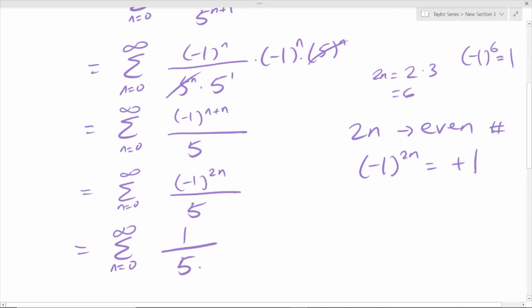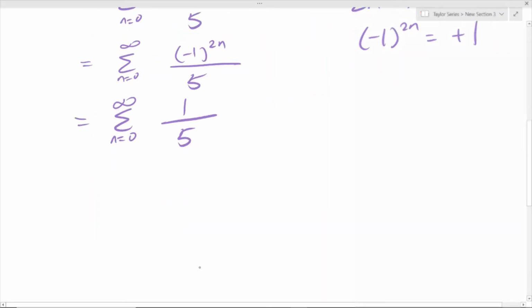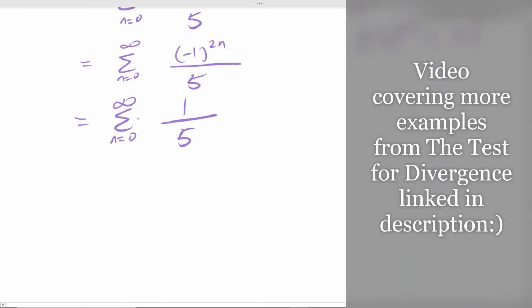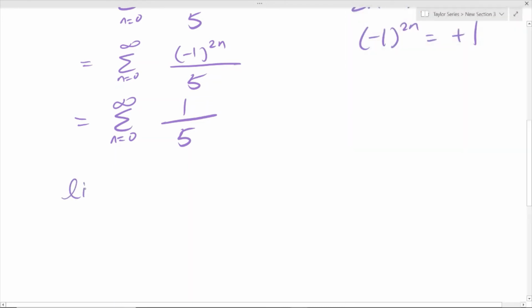And then we can use the test for divergence to prove that this is, in fact, divergent. So with the test for divergence, we look at the limit as n goes to infinity of an. And this here is our an, right? 1 over 5 is our an. So we can just take the limit of that as n goes to infinity.